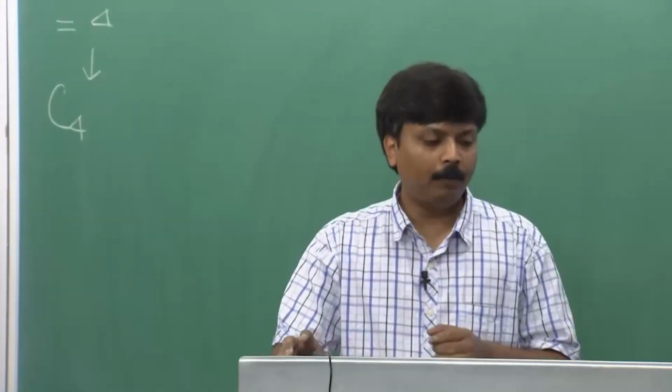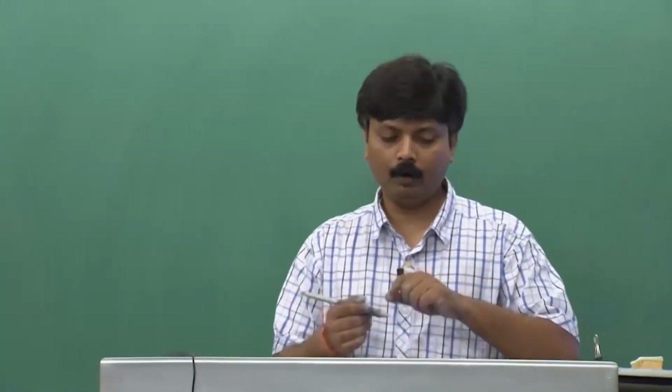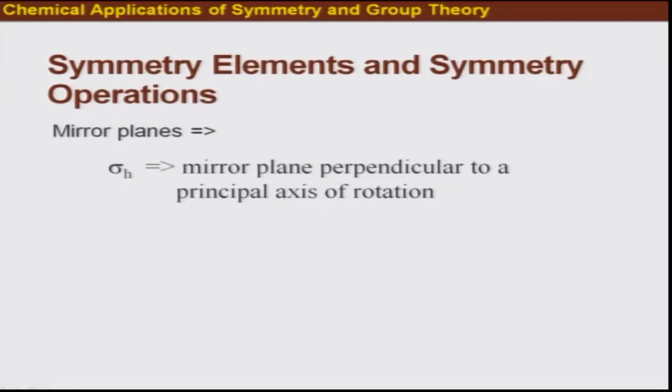Now, this reflection operation, or the mirror planes, are denoted by the symbol sigma. So all the planes of symmetry are denoted by the symbol sigma. Now, there can be different types of sigmas. We have something special called sigma h, sigma subscript h.